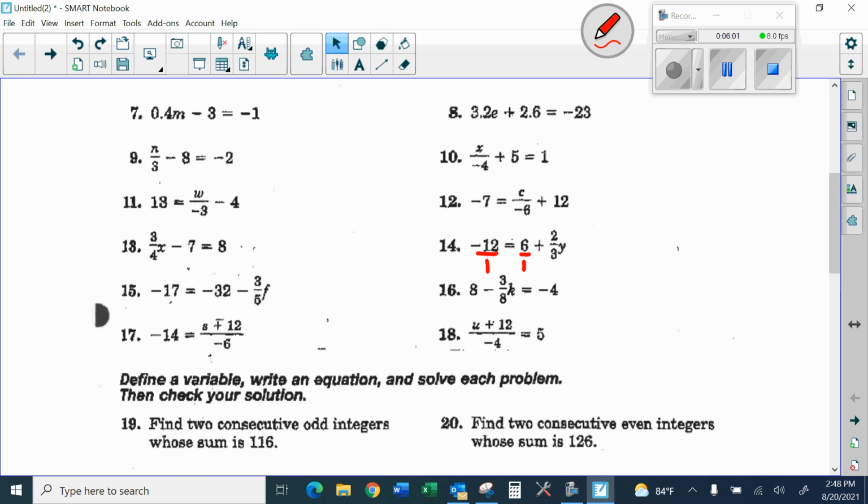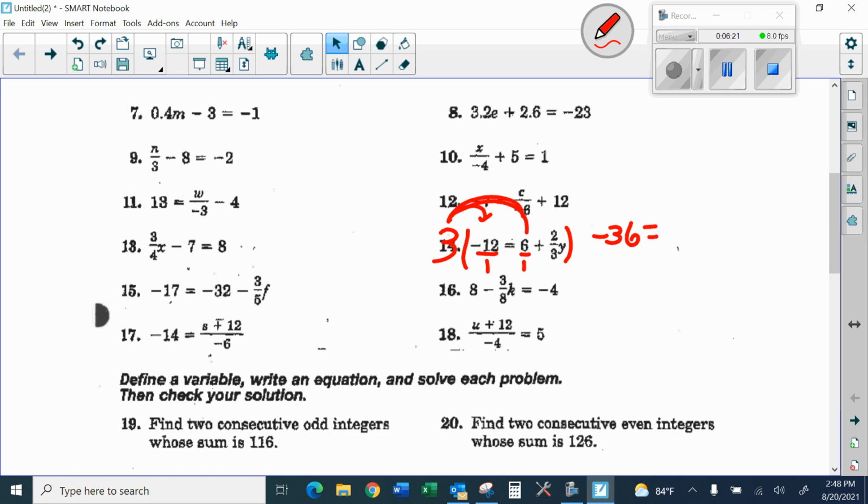What's the common denominator of 1, 1, and 3? It's 3. So I'm putting pressure on the entire equation, both sides. Multiply it by the 3 to get rid of that 3 in the denominator. So now I'm distributing. Negative 3 times negative 12 is negative 36.